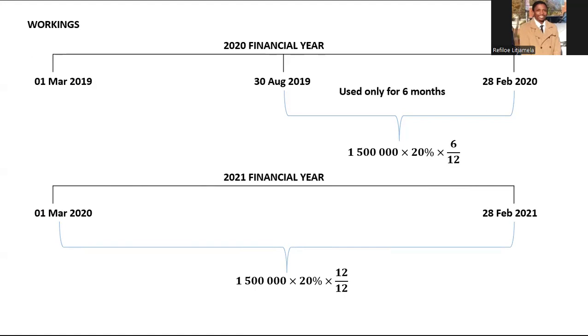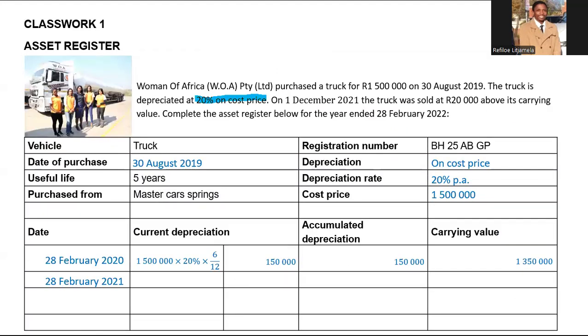Now, our depreciation for that year, the 2021 financial year, will be 300,000 rand, increasing our accumulated depreciation to 450,000 rand. How did I get that 450,000 rand? It's accumulated depreciation from the previous year plus current year depreciation of 300,000.